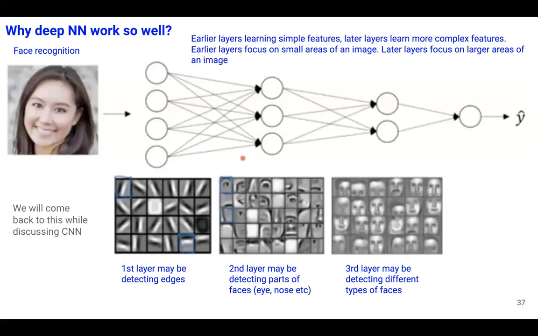Not exactly. There are a few things here. Let's say you have a very complex problem in hand, but you do not have enough data. Then you will not be able to use a very complex and very deep neural network with many layers.